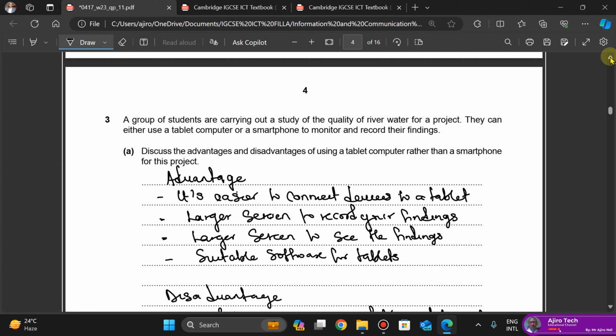Okay, so smartphone. Every student has a smartphone. Not every student has a tablet. That is the truth. If you have a tablet, let me know in the comment section. But really, it's easier for students to have smartphones with them.